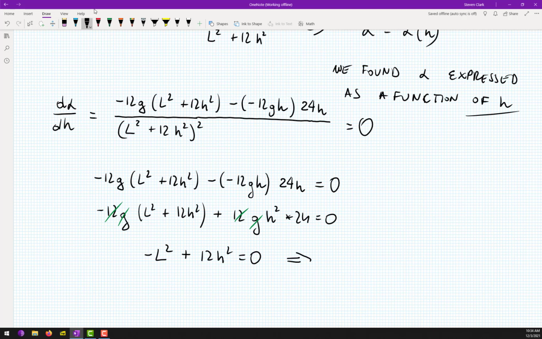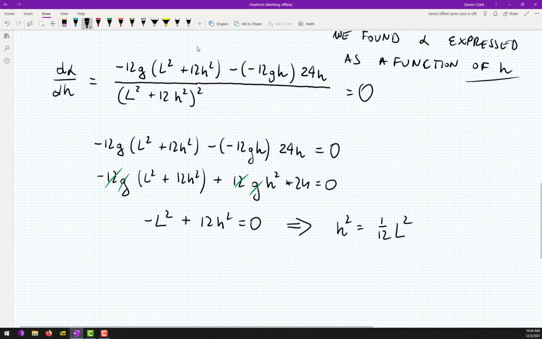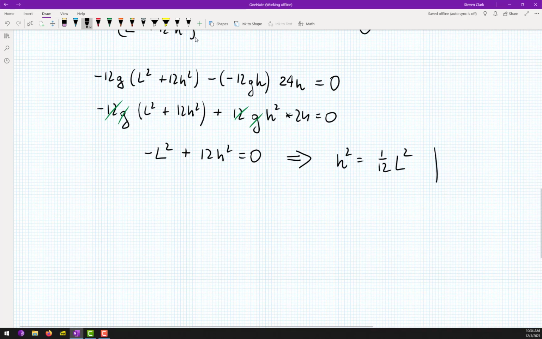Great. So that means that our h squared is equal to L squared over 12. Let's take the square root of both sides. So we will end up with h either equal to L divided by square root of 12, or h equal to minus L divided by square root of 12.